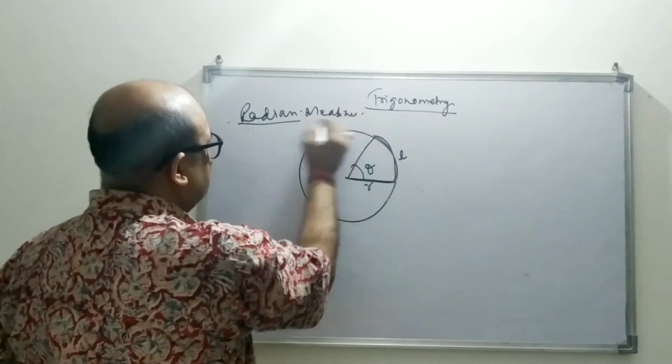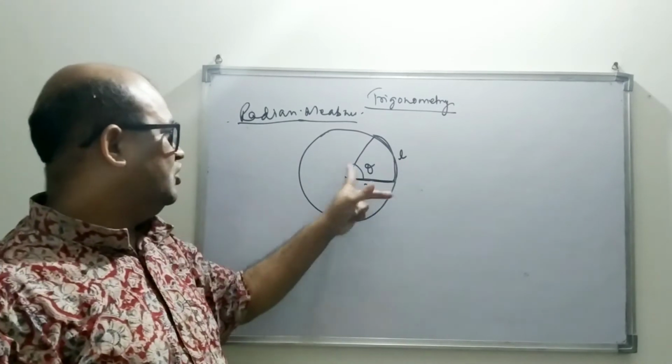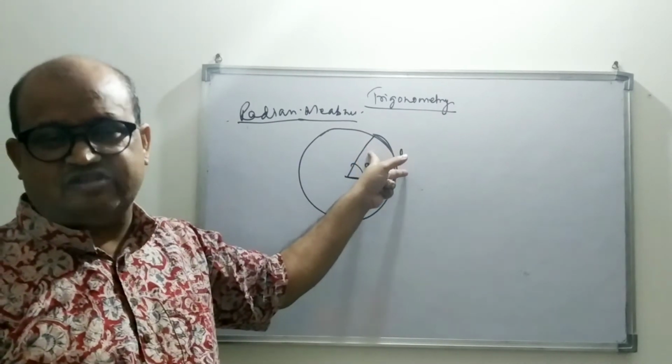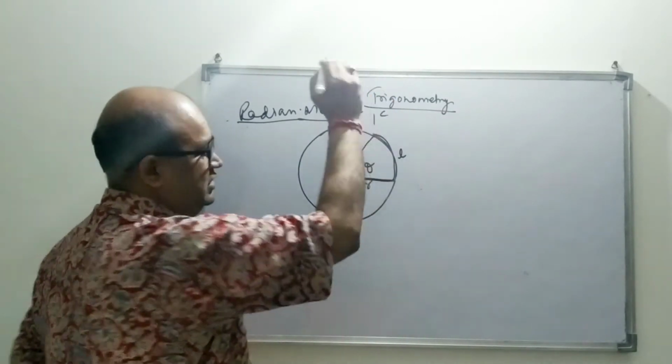Radian measure. The angle subtended by an arc at the center whose length is equal to the radius of the circle is called 1 radian. It is written 1 C, like this.